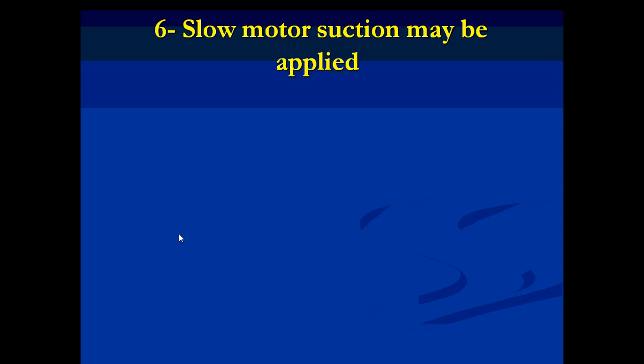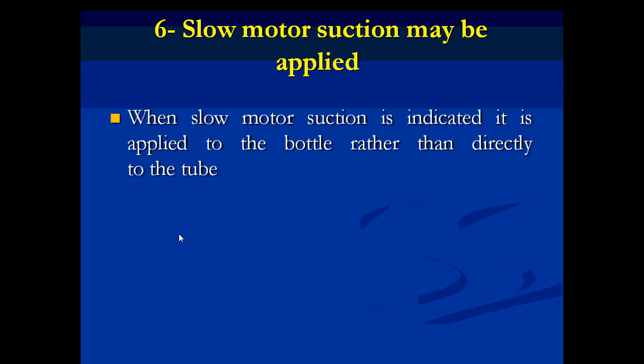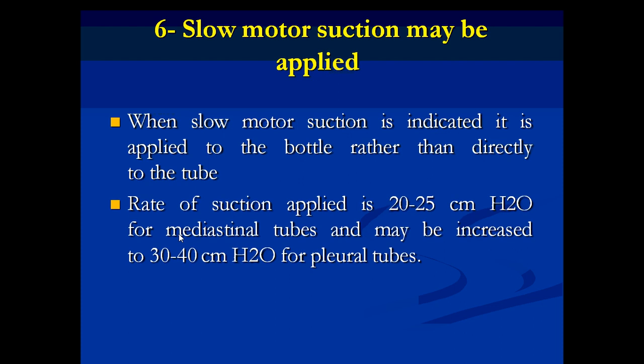Slow motor suction may be applied to the chest tube. When slow motor suction is indicated, it's applied to the bottle rather than directly to the tube, as we saw in the previous photo of the atrium.